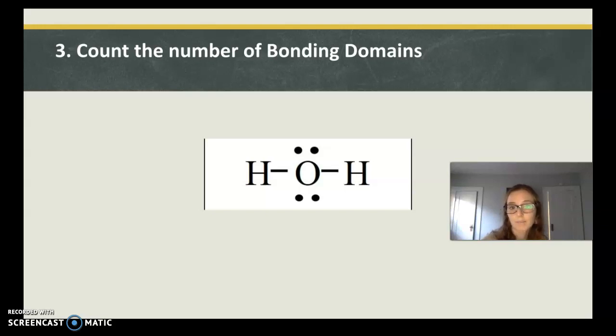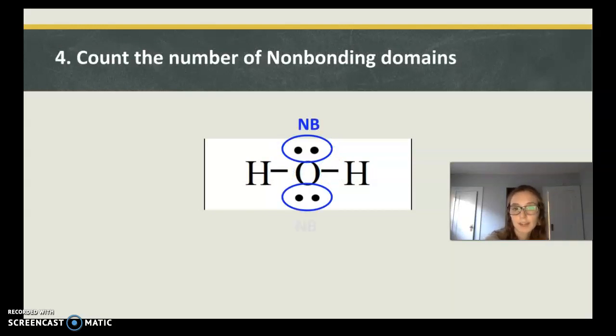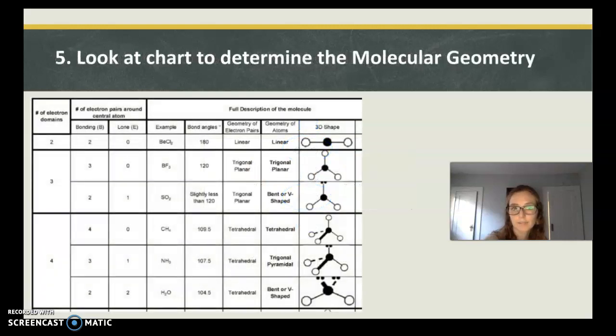Bonding electrons are helping two atoms stay together via a single or a double bond. So we have 1, 2 bonding domains there. I'm going to put a B by them to remind myself. And then I have 2 non-bonding, and I'm going to put an NB by each of those. So I have 2 non-bonding and 2 bonding.